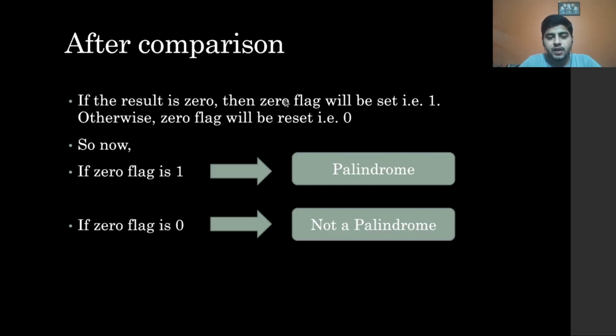What will happen if the result is 0? The zero flag will be set. It means its value will be 1. Otherwise, its value will be 0.